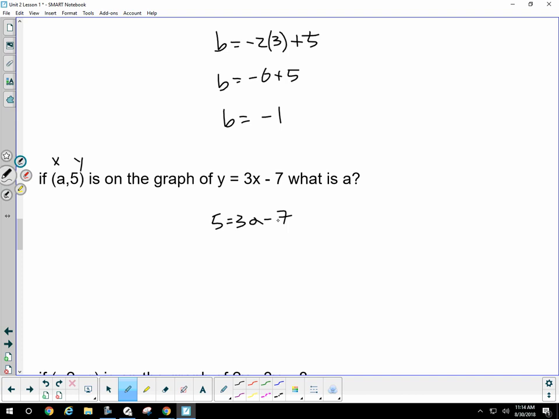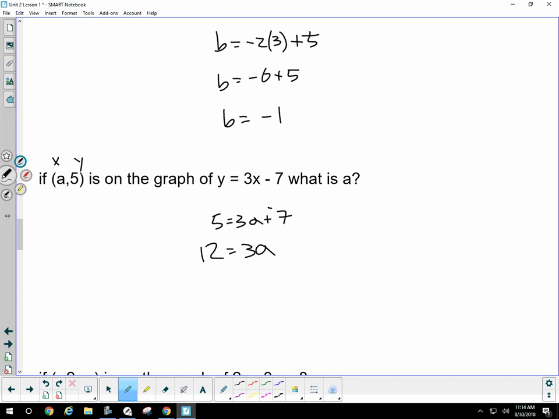A for X. Solve. Now, we're at the point now where we don't have to show all of our steps. You guys have probably solved enough equations in your time so that you know that right now I would add 7 to both sides and I would get 12 equals 3A. You don't have to show plus 7 and plus 7 on both sides. We can do this. Okay?